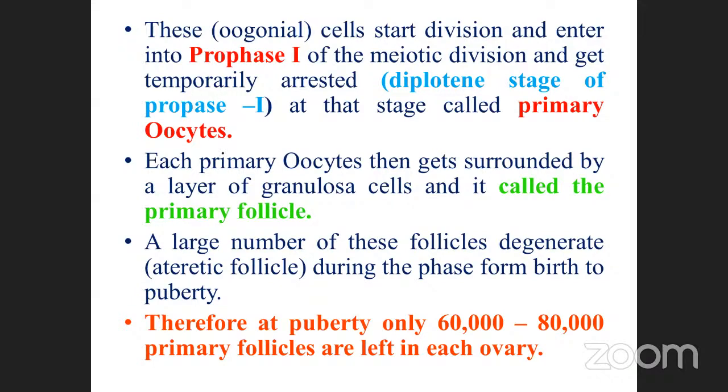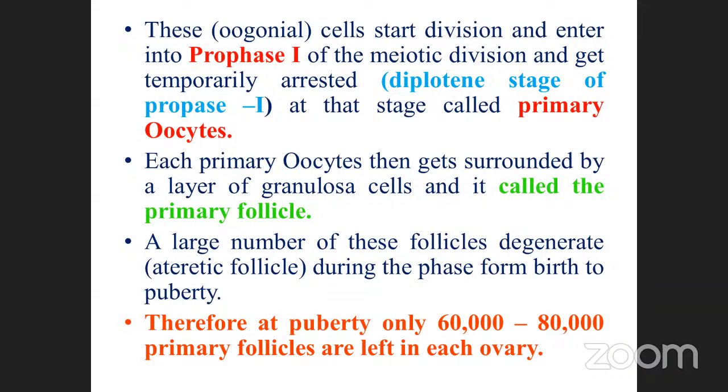This is very, very important. How many follicles are left in the ovary at puberty? 60,000 to 80,000 primary follicles. Once again, I repeat for you. Oogonial cells start division with the phase called prophase 1, at the diplotene stage.